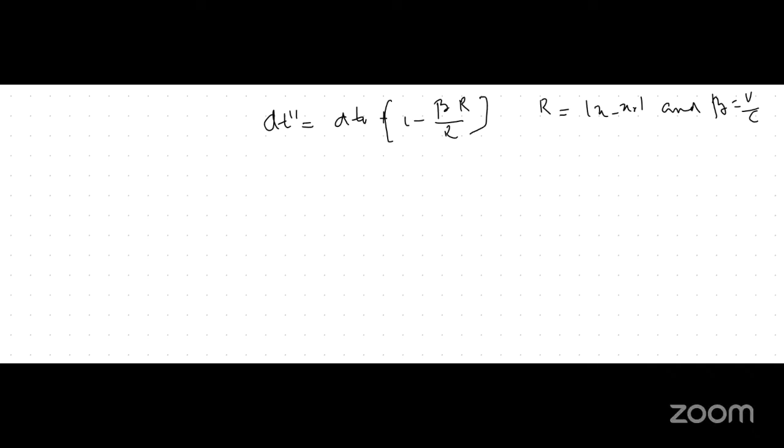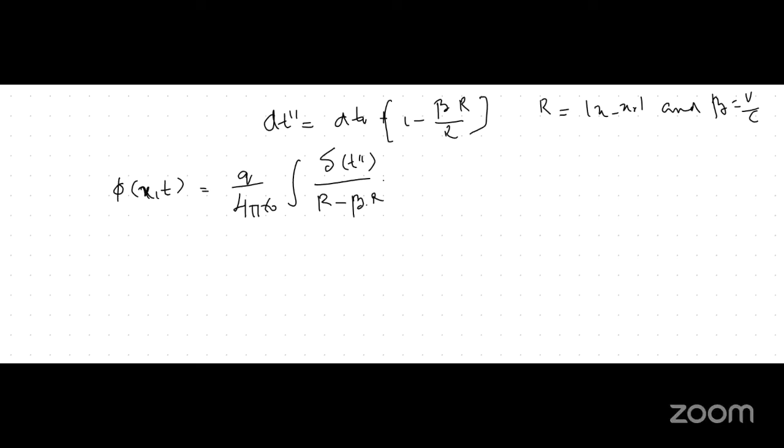So this phi of x, t, we are going to get it as q by 4 pi epsilon naught integration delta of t double dash divided by r minus beta dot r into dt double dash.